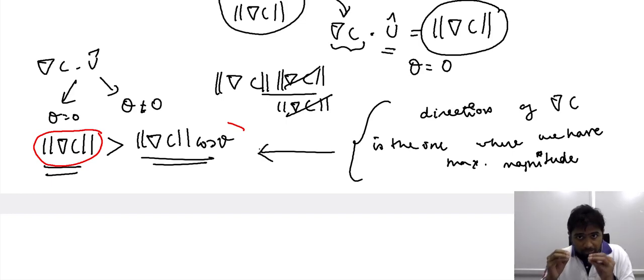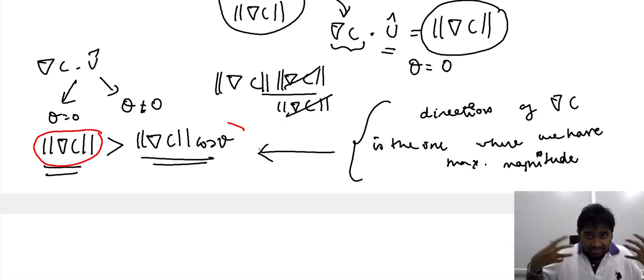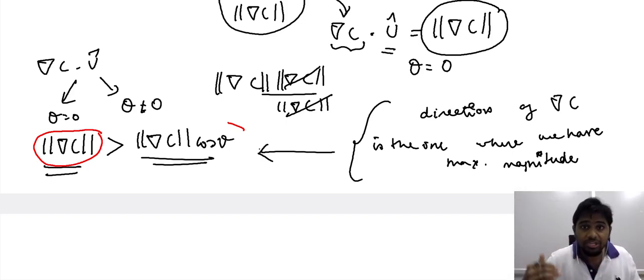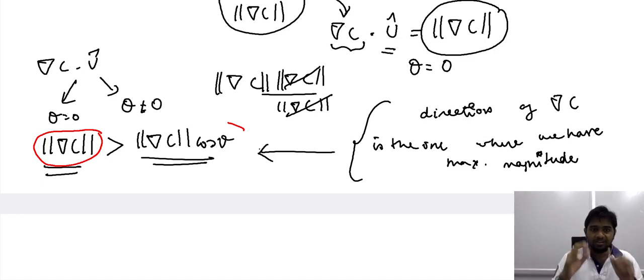So in order to identify the direction of the gradient, we introduce a unit vector u, and the characteristic feature of this unit vector is that if it is along the gradient of c, then the magnitude is maximum. If not, the magnitude of the gradient c is diminished. So the magnitude of the gradient c is maximum when the unit vector is aligned along the gradient of c.